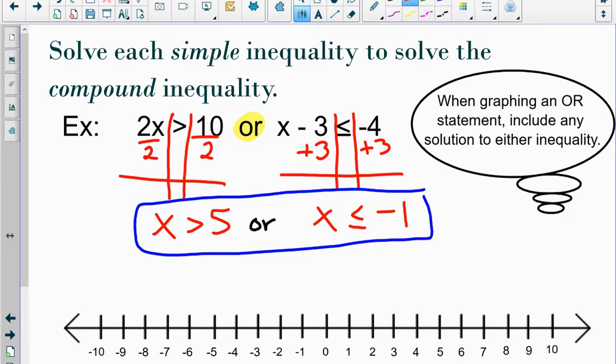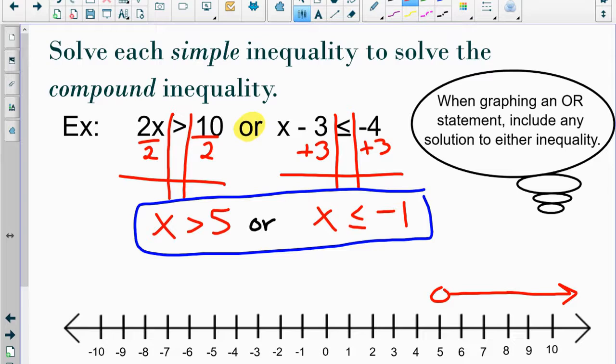I find the number 5 on my number line and make an open circle, because it doesn't say greater than or equal to 5. So 5 actually isn't a solution here, and I don't want to fill in the circle. I do want to show all the x values greater than 5, and that's to the right of 5. So open circle, and I draw my arrow to the right.